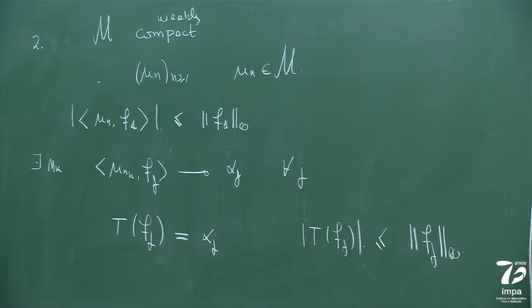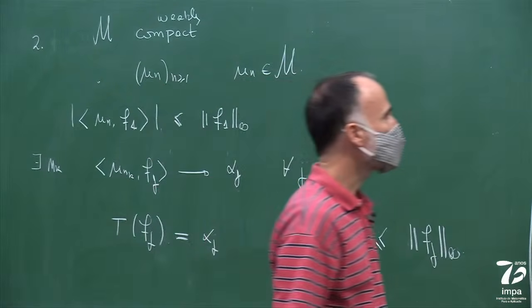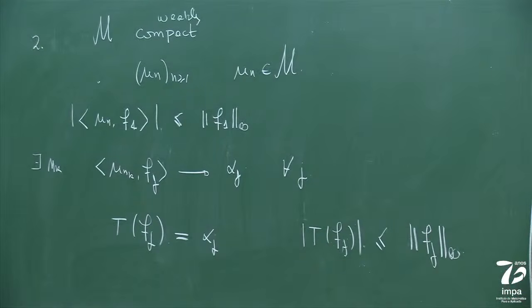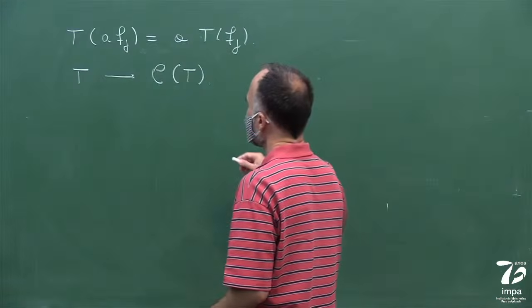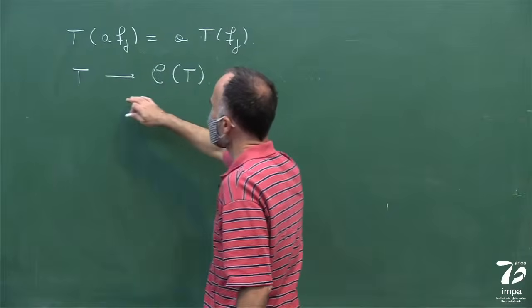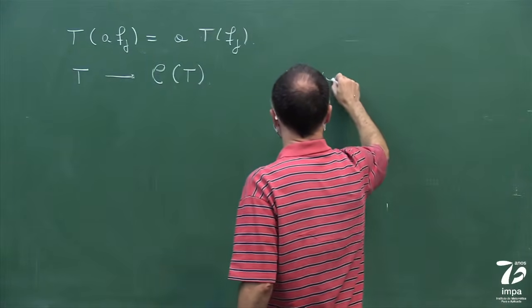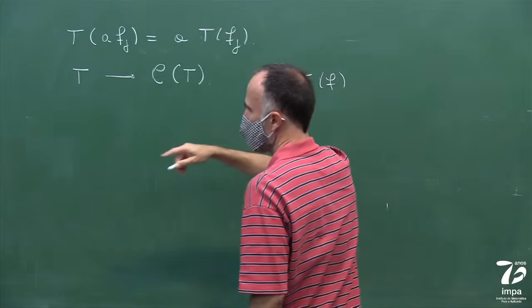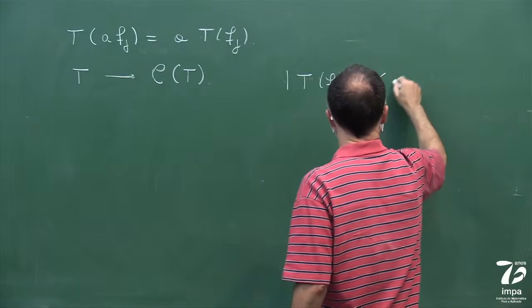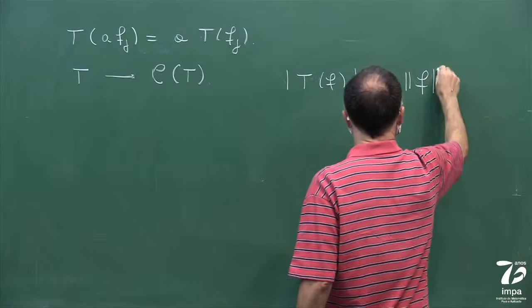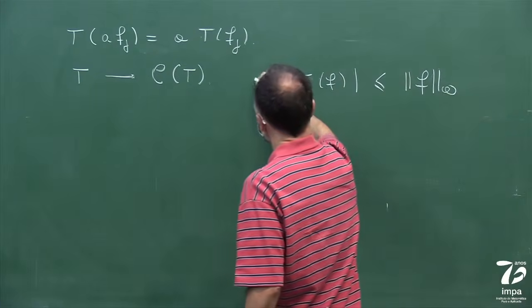So let me define T of this function as the limit. So you have to show that the limit exists, but this comes from the Cauchy property. And so now, once you extend this linear functional T, it still satisfies this bound. And it's linear.